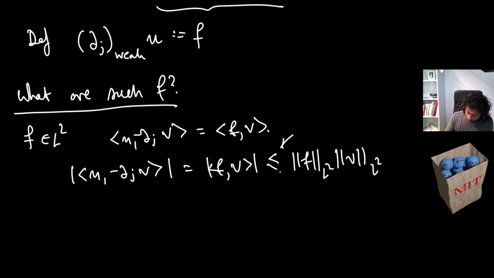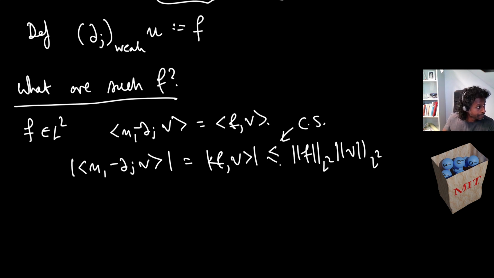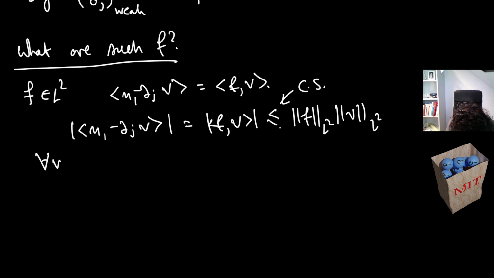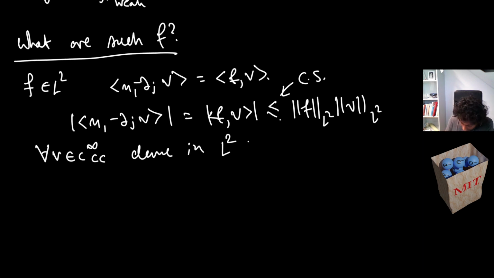So this is just Cauchy-Schwarz. And the point is that this is for all V in C infinity CC, which is dense in L2, right? So this is satisfied for all V in a dense subset.